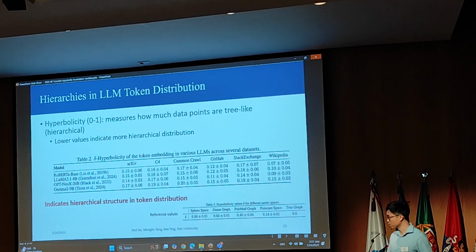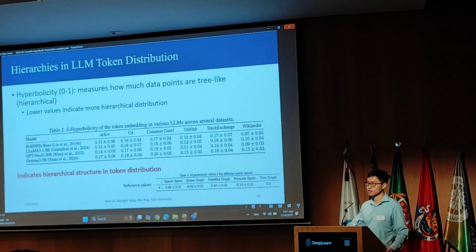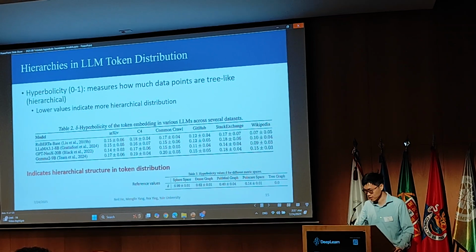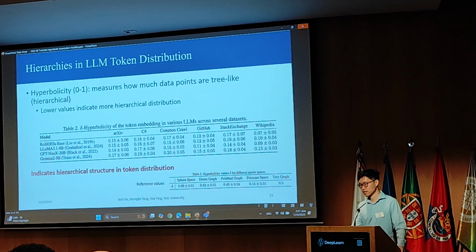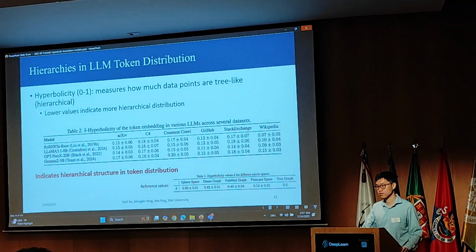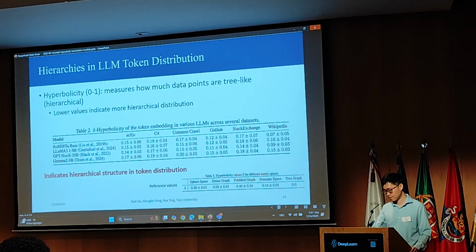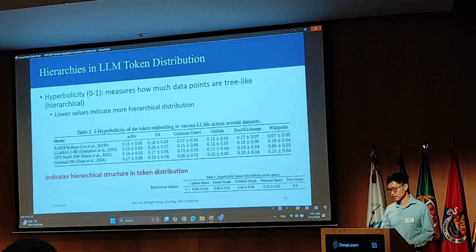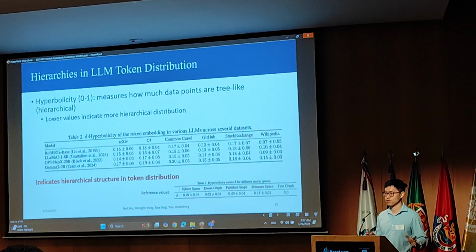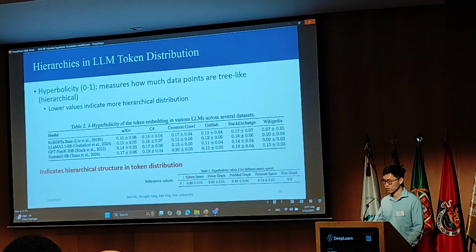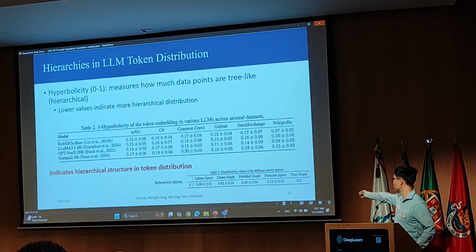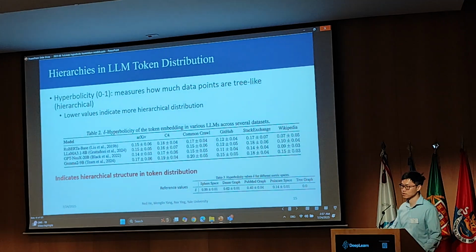And the hyperbolicity values are listed here, and they are more or less consistent. Right? So as you observe, these hyperbolicity values range from 0.05 to 0.15 or 0.2, which means that it's on the hierarchy side of things, right? So these look like trees. These are references. If it was a perfect tree, it's going to be 0.